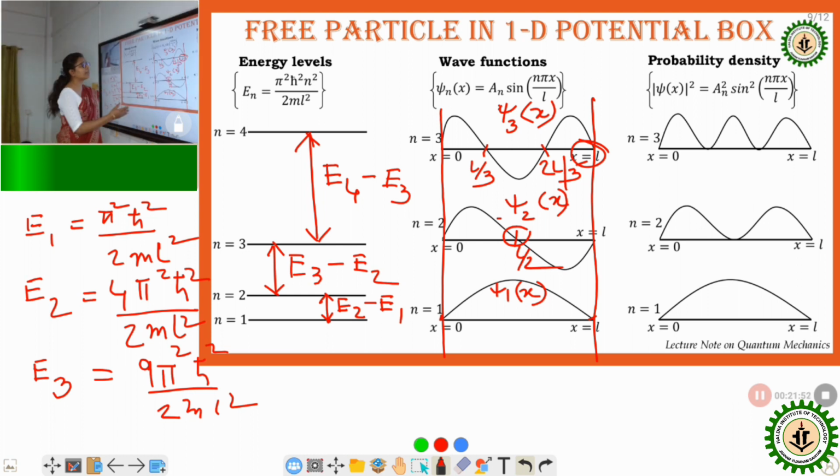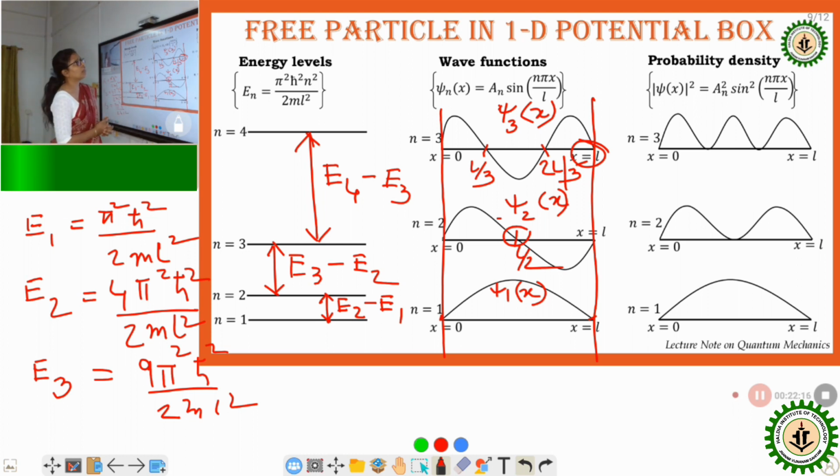So the number of nodes increases. For n equals 1 there are 2 nodes, for n equals 2 there are 3 nodes, for n equals 3 there are 4 nodes. So in the nth state there will be n plus 1 nodes, and the number of nodes gradually increases.